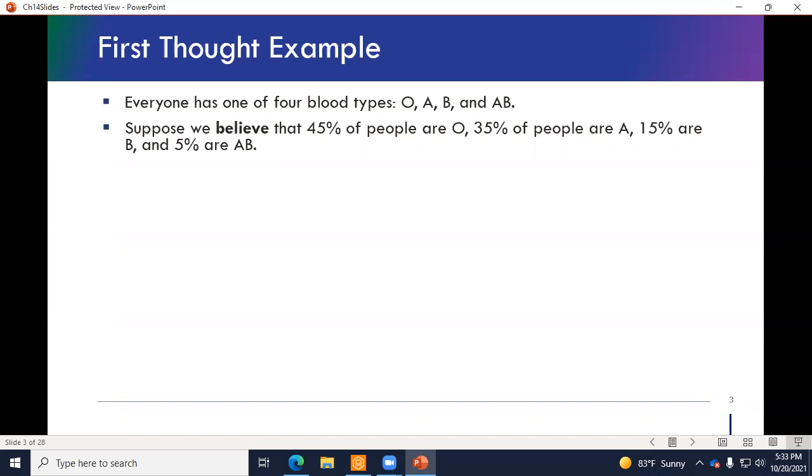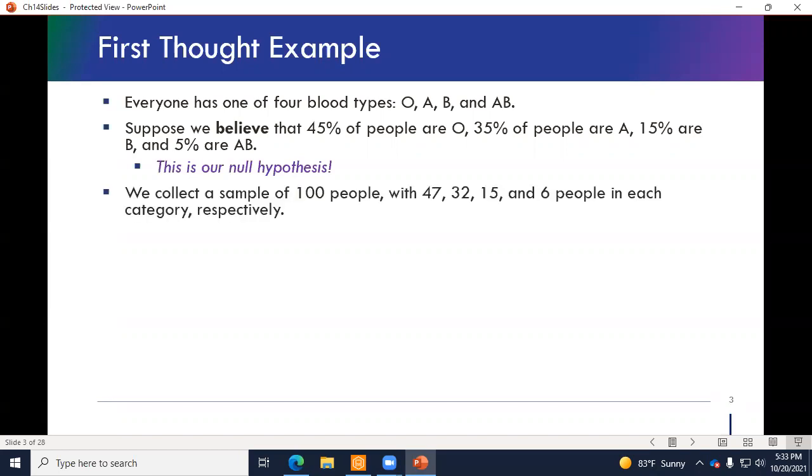This is our belief, and we want to test it out, and this is our null hypothesis. If we collect a sample of 100 people, this is our observation: we observed 47 have O blood type, 32 have A, 15 have B, and 6 have AB blood type.